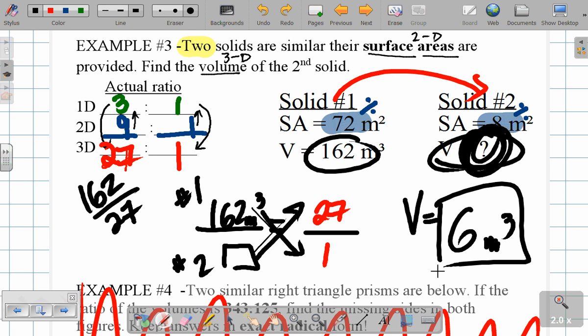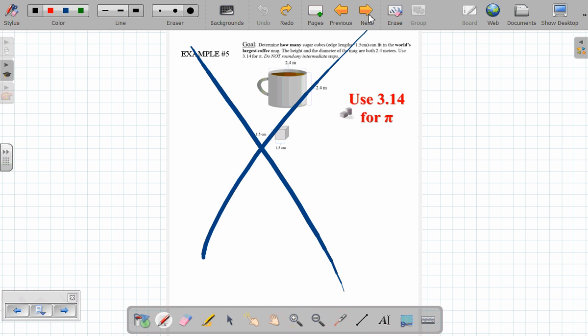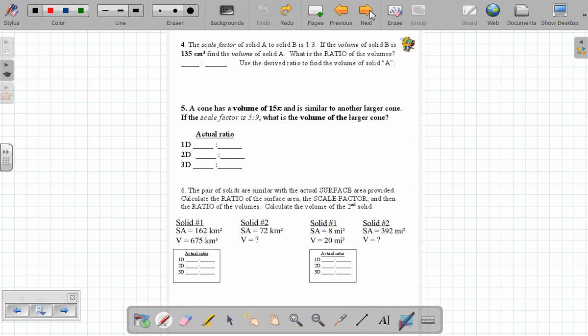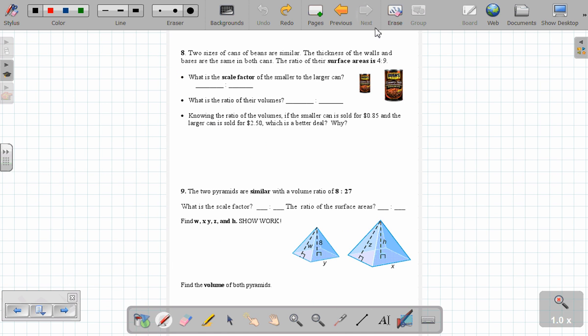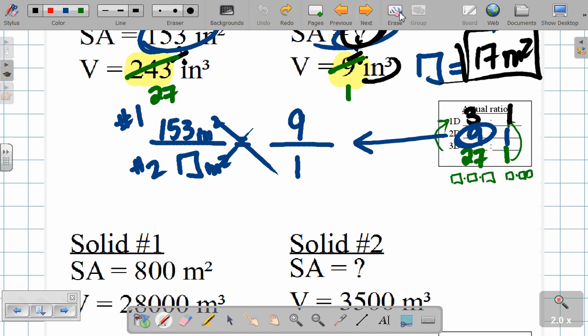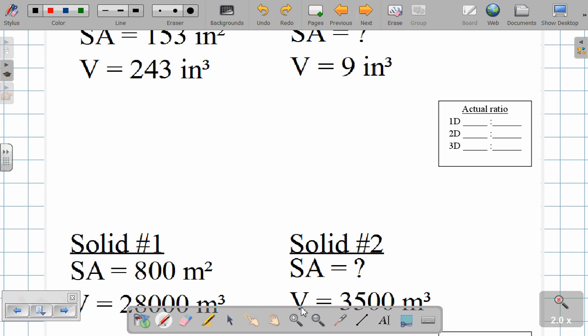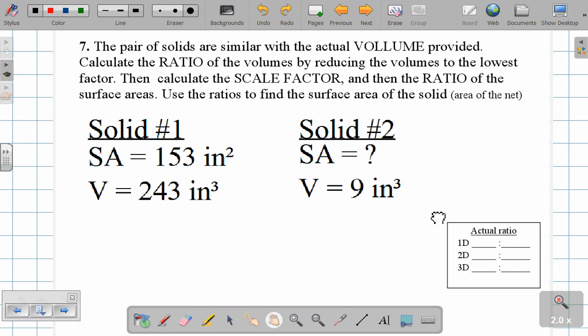Alrighty, guys. I think we need one. So we're actually going to get stuff done. Page 7. We're going to do the first problem on page 7. I'm done with examples, folks. Bounce over to page 7, please.